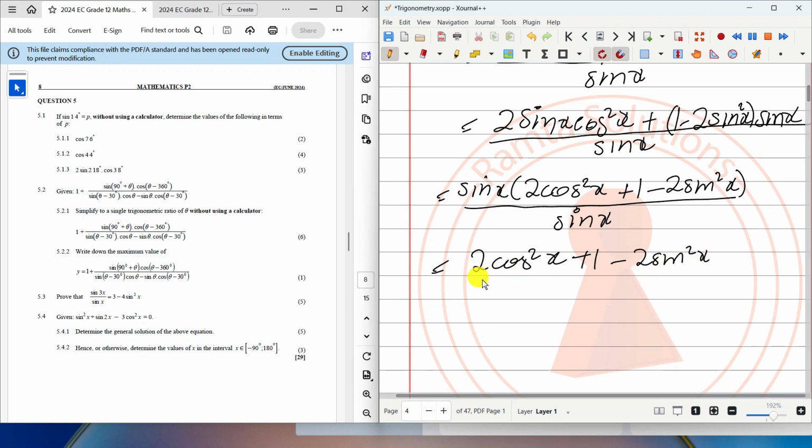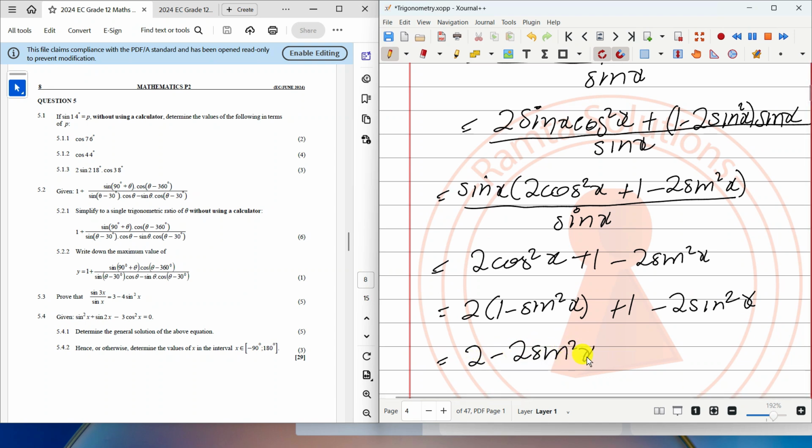So we know the identity cos square x plus sine square x equals 1. So now we can say this would be 2 times 1 minus sine square x plus 1 minus 2 sine square x. Proceeding, we have 2 minus 2 sine square x plus 1 minus 2 sine square x.